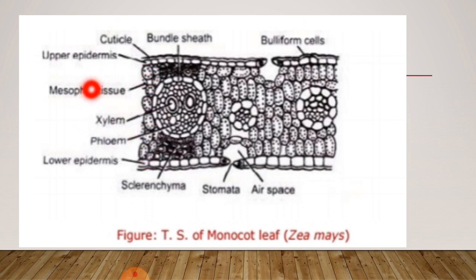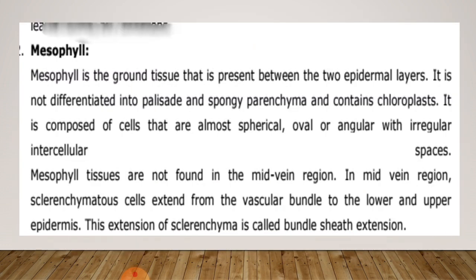Such a region between upper epidermis and lower epidermis is known as mesophyll region. It is composed of cells that are almost spherical, oval, or angular with irregular intercellular spaces. Mesophyll tissues are not found in the midvein region.